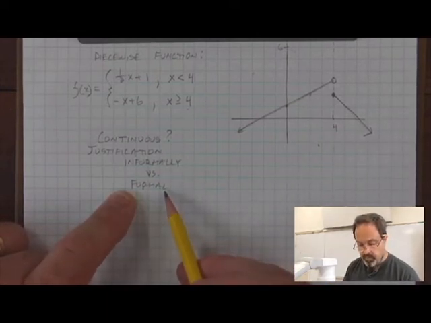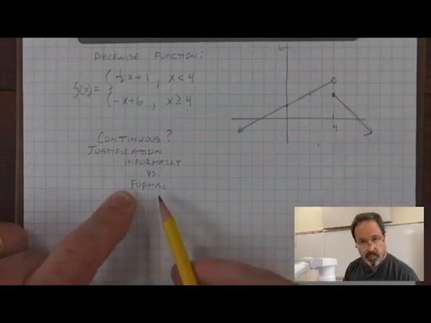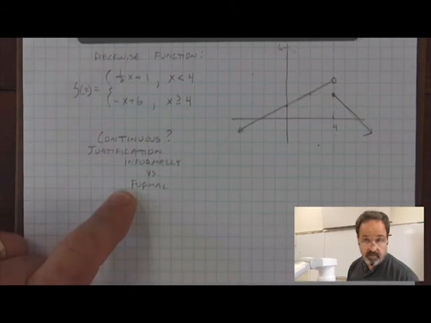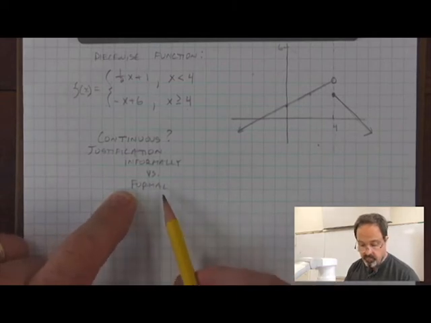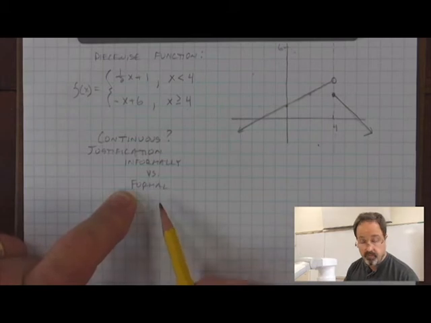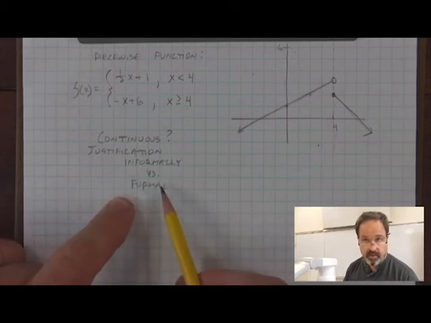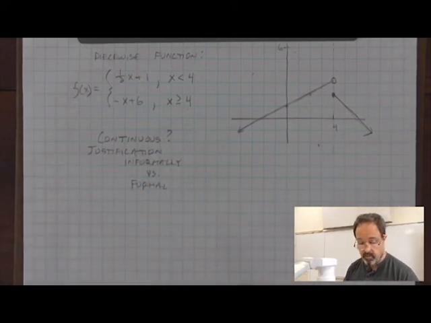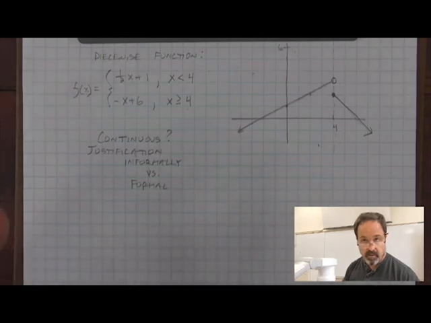Why would you use a formal justification when an informal justification will say the same thing? Formal justification is more tedious, it's more work. The reason why formal justifications are something that we want to be able to do, we want to know very well, is because there's more interrelated information in the formal justification. It requires a greater understanding of the related concepts of continuity.